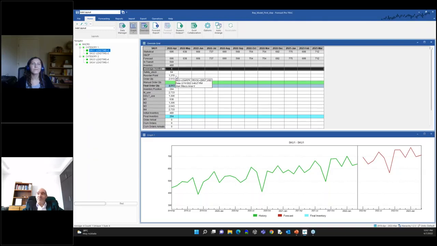The reorder point is quite similar. ForecastPro also has a token, an internal function called reorder, and reorder would work very well. But as you can see, I have to formulate the formula differently. I use safety stock plus demand during the lead time. Why am I not using the reorder formula inside ForecastPro?